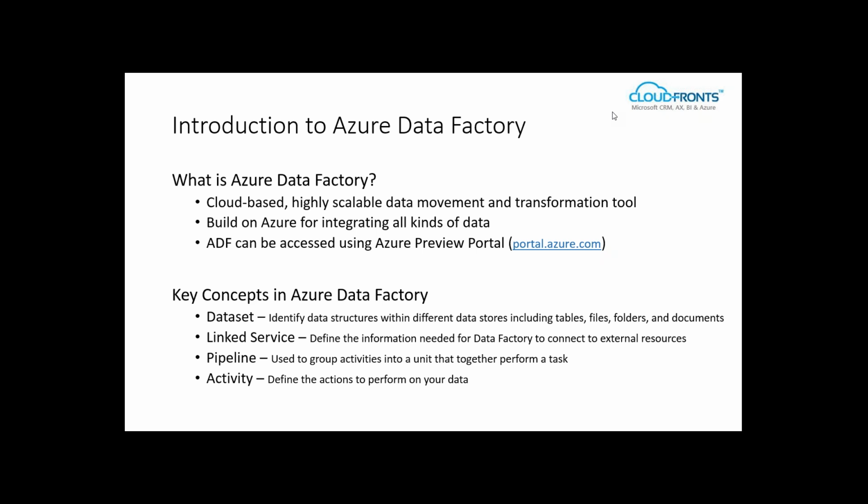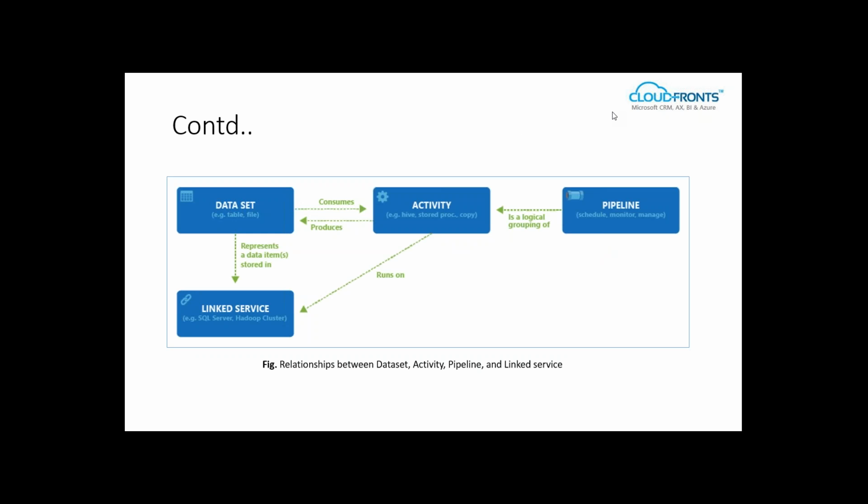A pipeline is used to perform logical grouping of activities. If you want to perform some activity like a copy activity, you can do it with the help of this pipeline. Finally, what is an activity? With the help of an activity, you can migrate or move your data with various activities, like we are going to demonstrate a copy activity in Azure Data Factory.